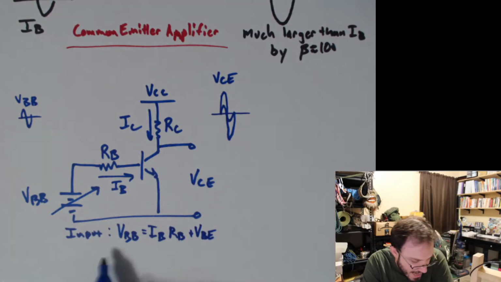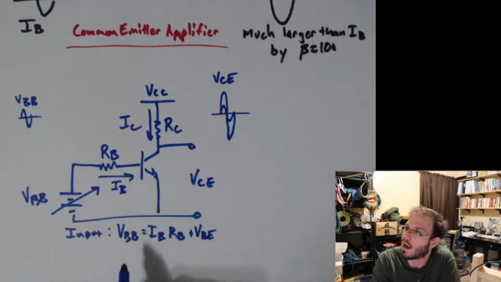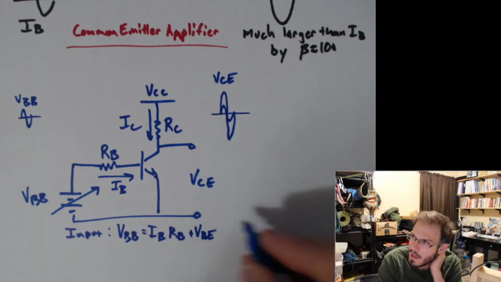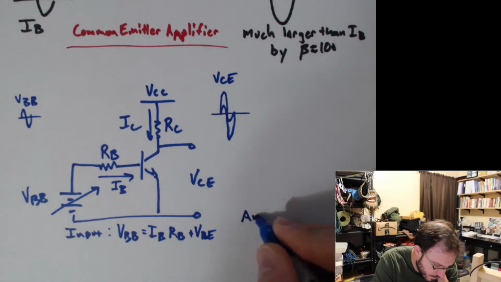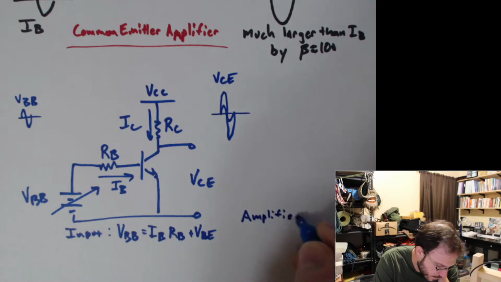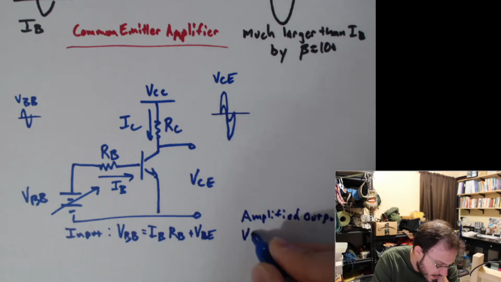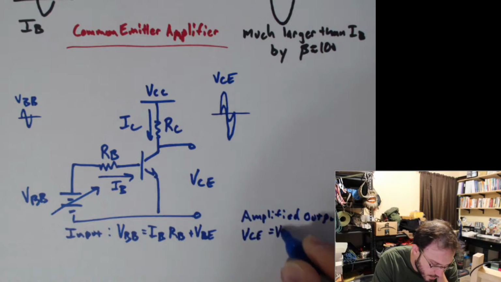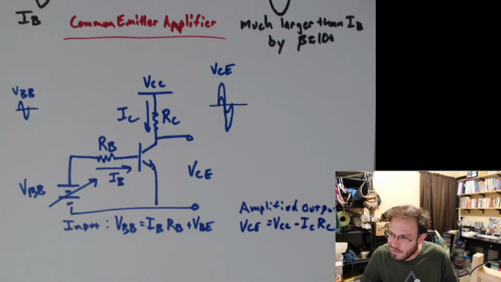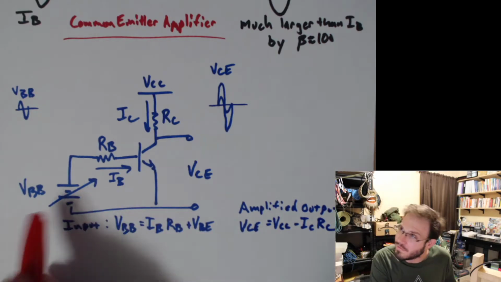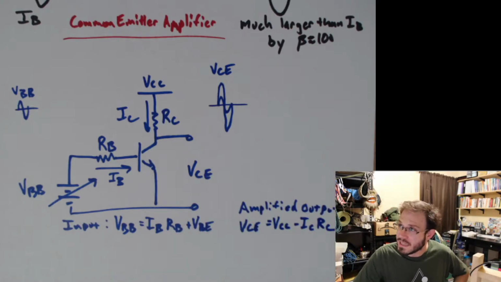So I've just written out a KVL expression for our input, VBB, and similarly our output, VCE is going to be equal to VCC minus IC times RC. And now let's go ahead and talk about the relationship between our input voltage VBB and our output voltage VCE.